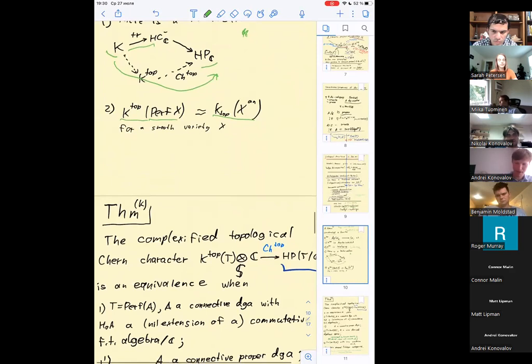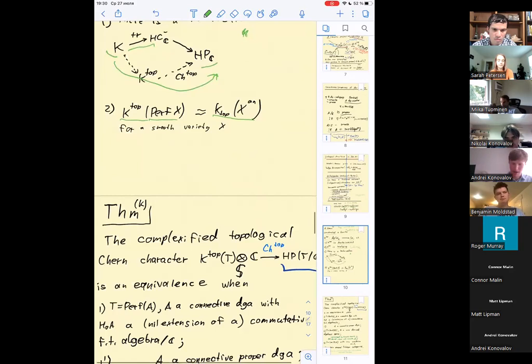the topological Chern character, actually does provide periodic homology with an integral structure in a number of nice cases of interest. For example, whenever your dg-category is actually Perf of A for a connective dg-algebra A with a reasonable H0.